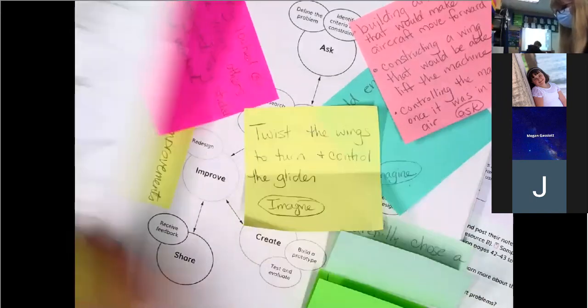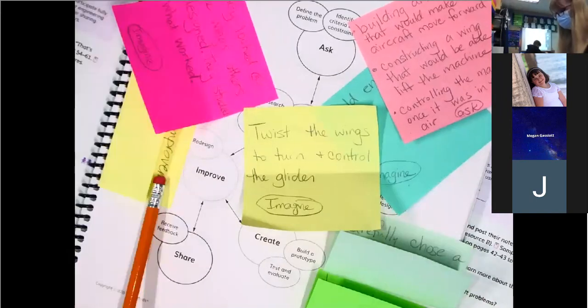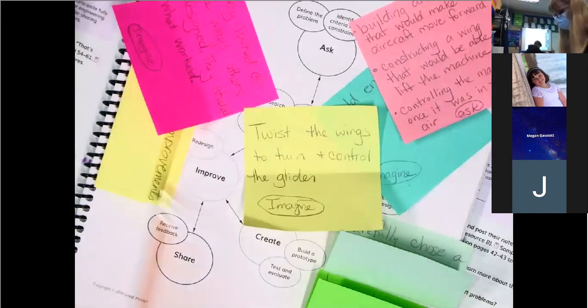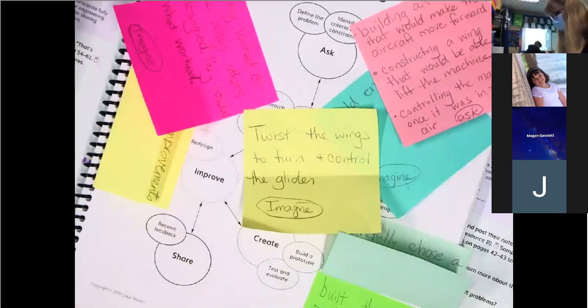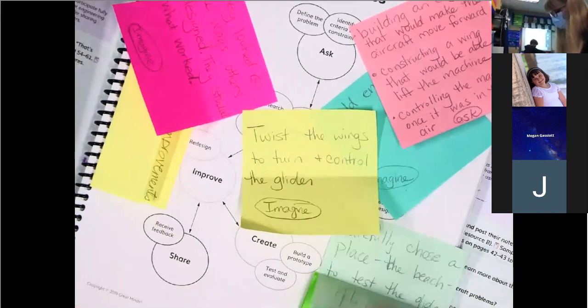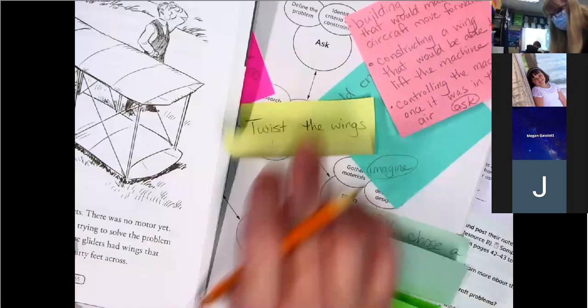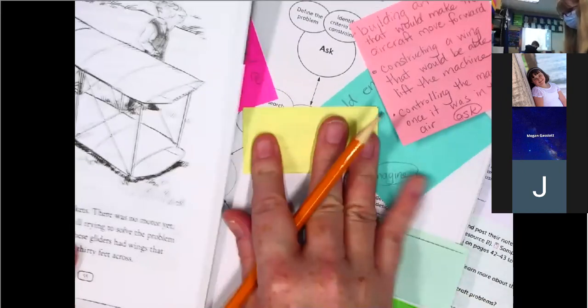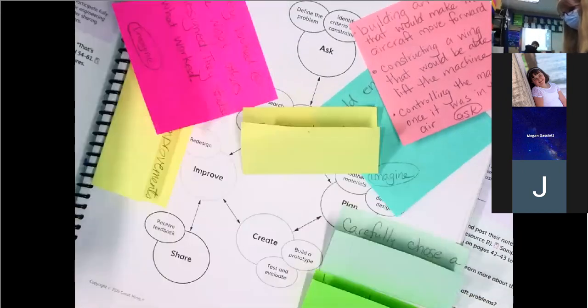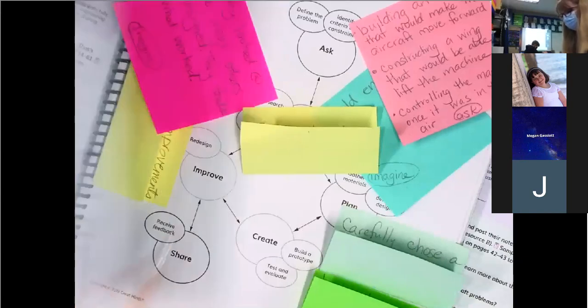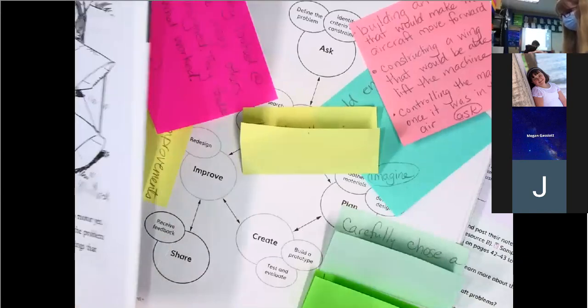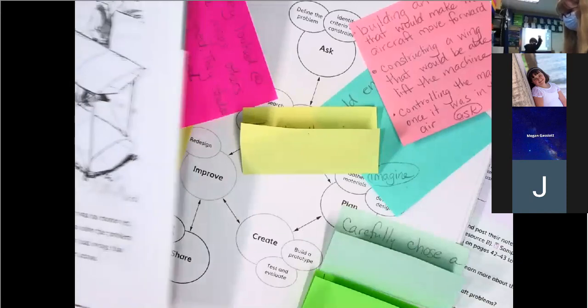Okay, so I made one here that says made improvements for 3 years. One here that said built a prototype, and I said are testing it, but tested it for 3 years. Carefully chose a place, the beach, to test the glider. Well, this one page was 2 because they built the prototype.